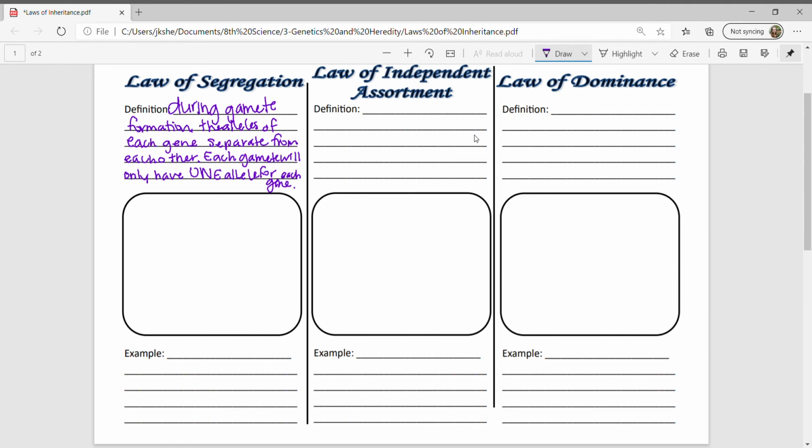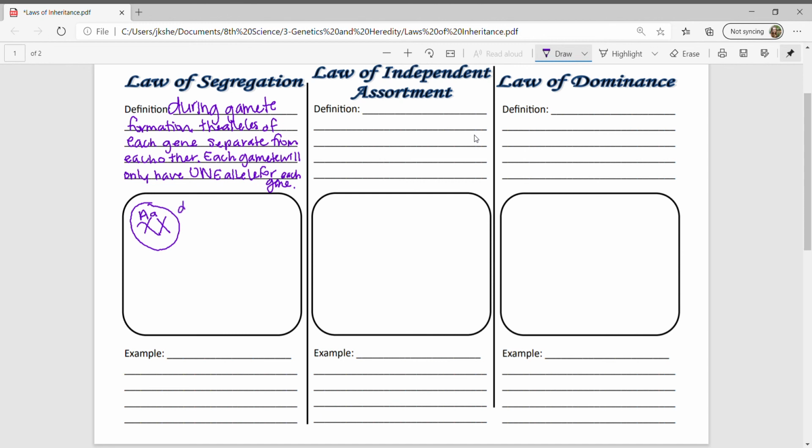So just to further elaborate on this, if we're looking at a diploid cell for a human, remember a diploid cell means a cell with a full amount of chromosomes, which would mean 46 in humans. And let's just say we have 2 chromosomes, we have a dominant allele for one, a recessive allele for another.